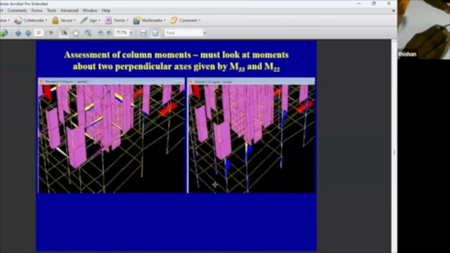Now you can see the kind of situation that can arise just under the transfer beams. You can see this M33 diagram, this M22 diagram. Most of the time when you look at an output, we generally look at M33, but in this particular situation, I looked at M22 as well. Why? You can see there's a column and a beam going this way, and these beams are much larger than the column.